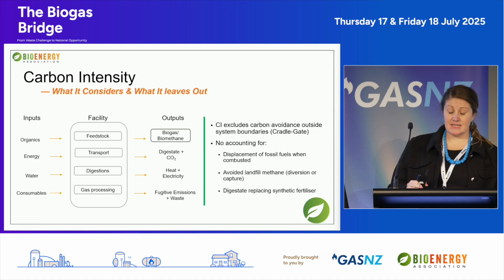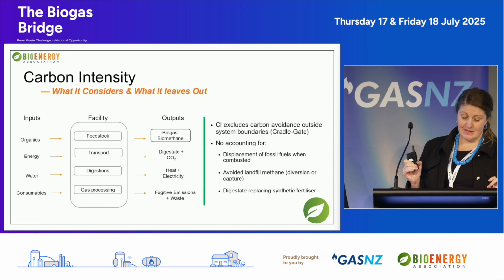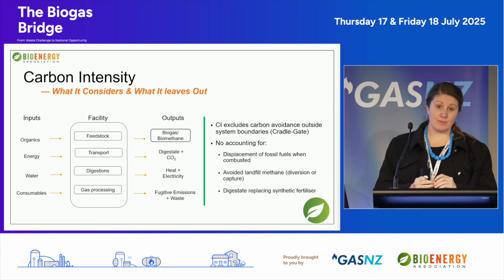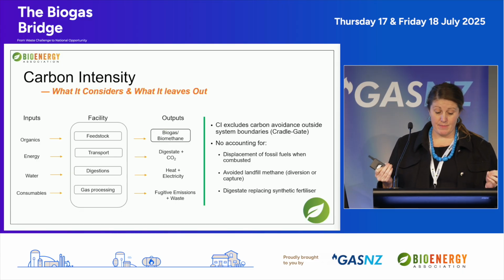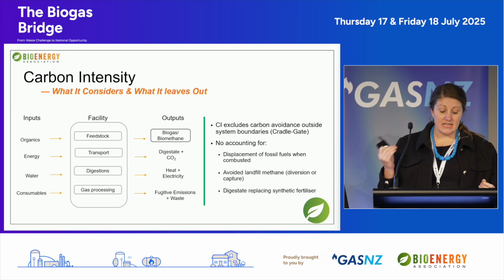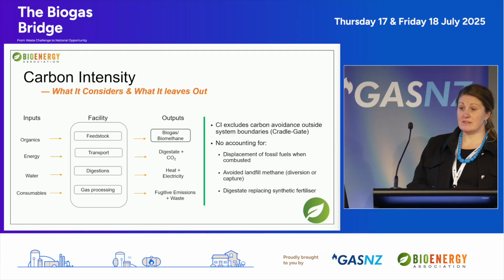While carbon intensity is useful, it doesn't reflect all the carbon benefits, especially emissions avoidance beyond the boundary. While these avoided emissions are real and impactful, they are intentionally excluded from this carbon intensity calculation, and that's really due to several different factors around system boundaries.